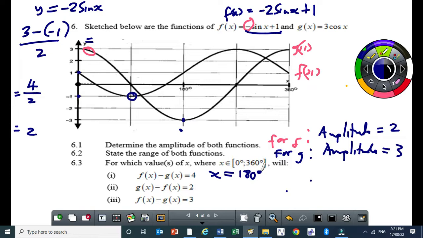It's 0, x equal to 0. g is 3 and we have got a 1 there. So it will be 3 minus 1. Yes, that will give you 2. So it means x will be what? 0. Are you following?